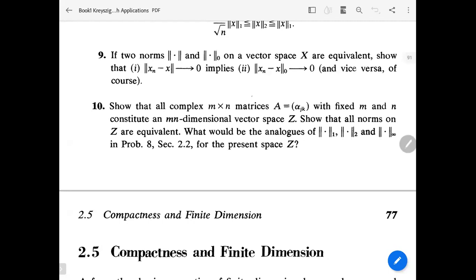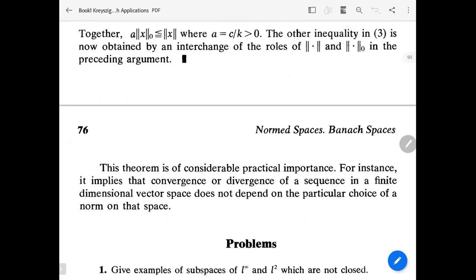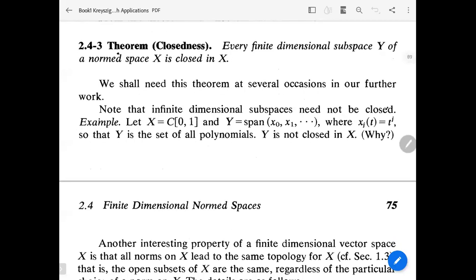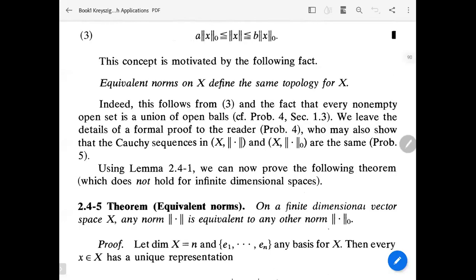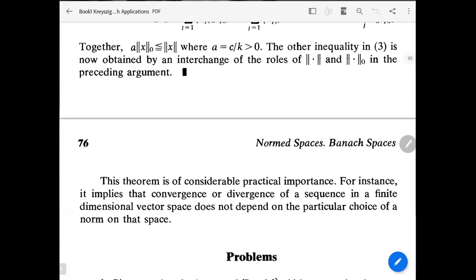सर हमारे सेकंड क्विज का सिलेबस क्या है? सेकंड क्विज का सिलेबस है मतलब वेक्टर स्पेसेस और नॉर्म स्पेसेस. And what would be the time of the quiz? Time of the quiz will be, okay, let me check.